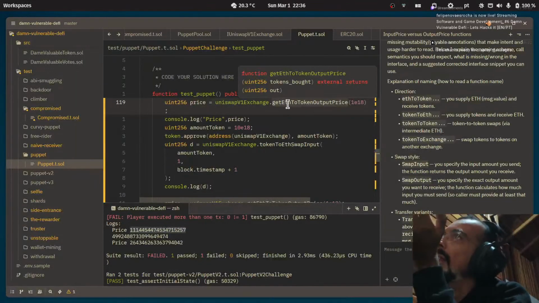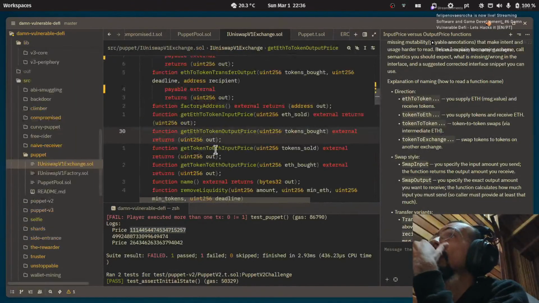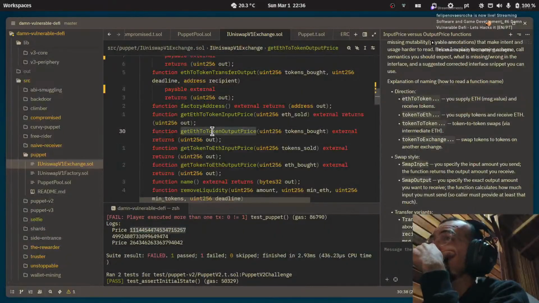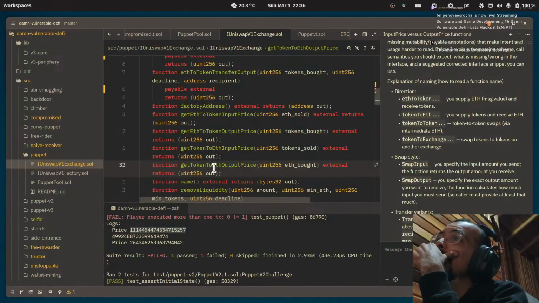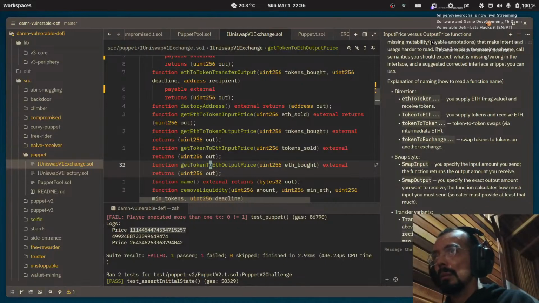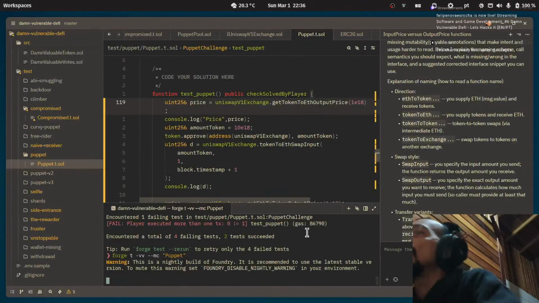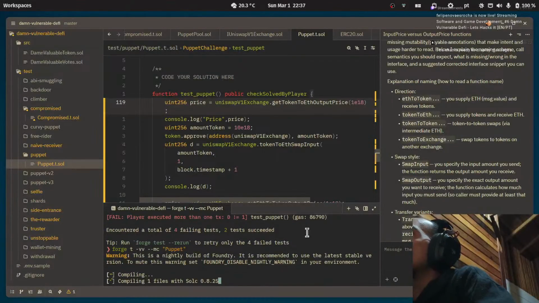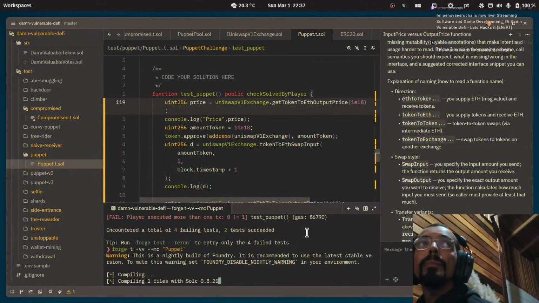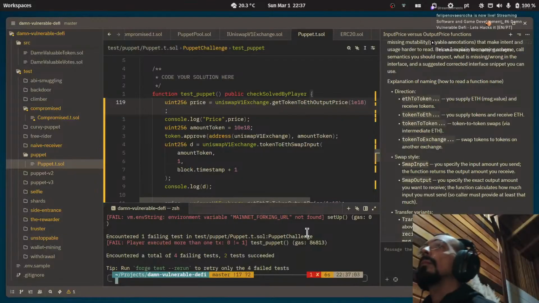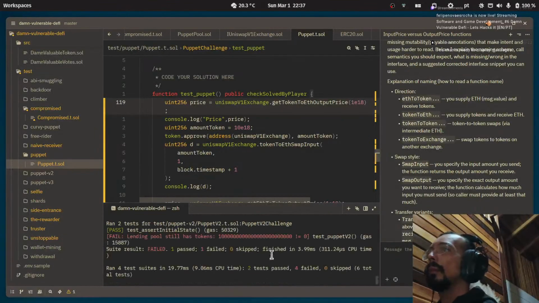You're going to return the Ethereum price here? How much Ethereum? Maybe it's that one. Right.